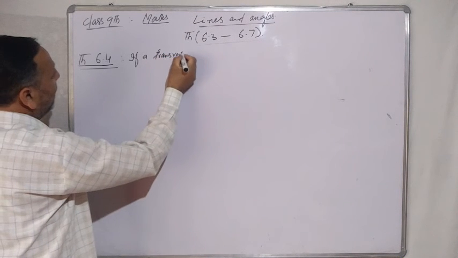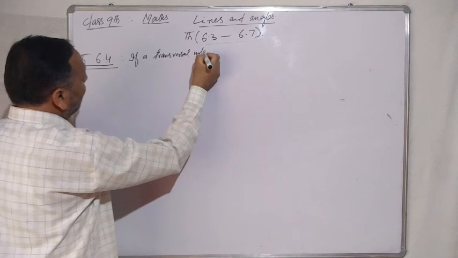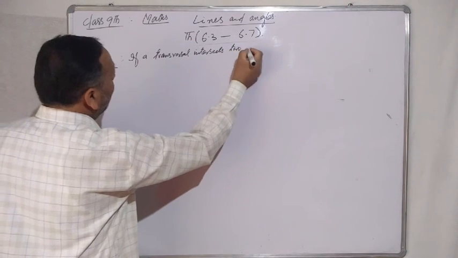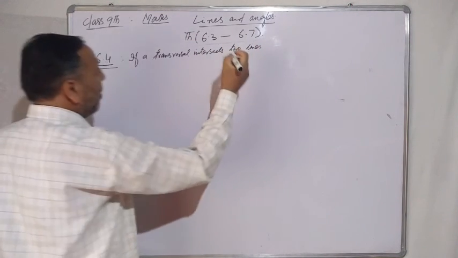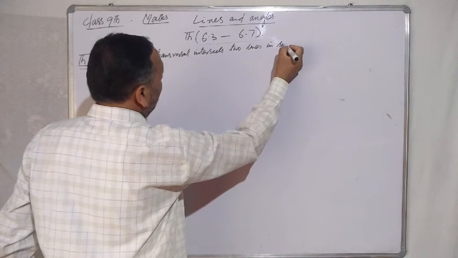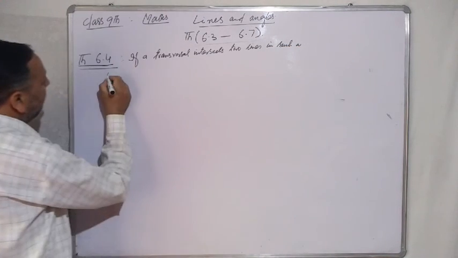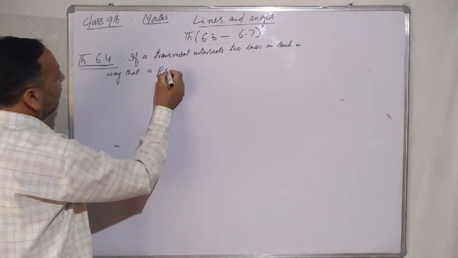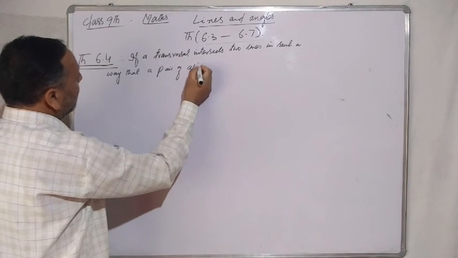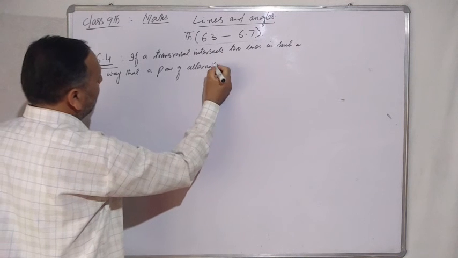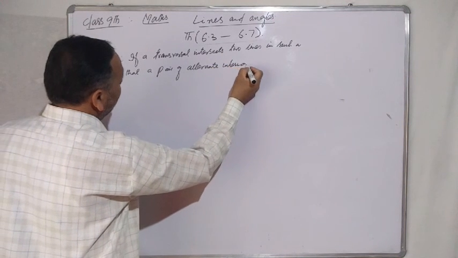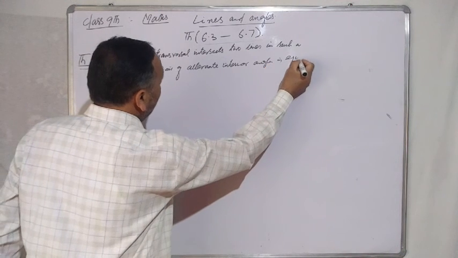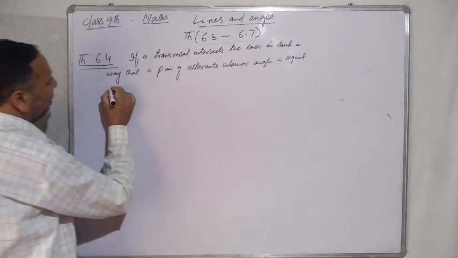If a transversal intersects two lines in such a way that a pair of alternate interior angles is equal, then the lines are parallel.